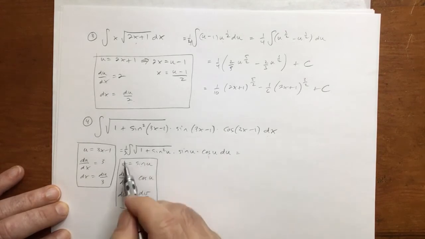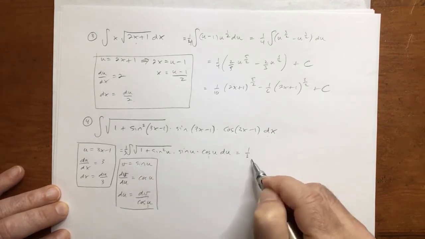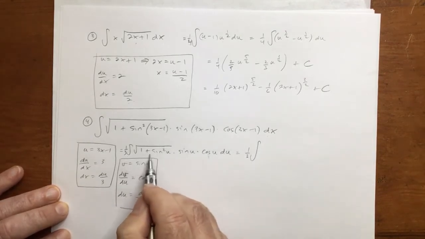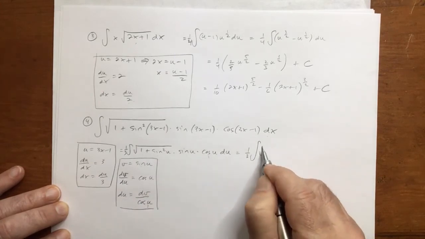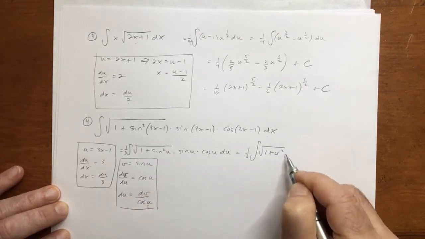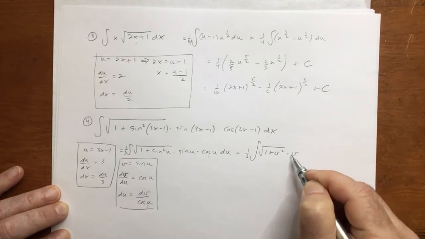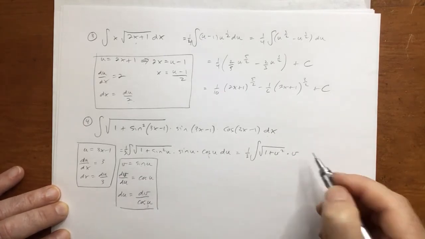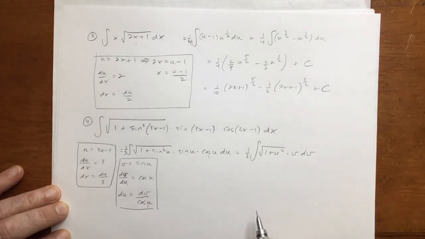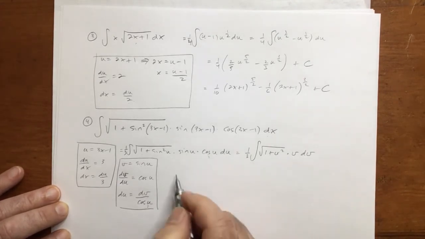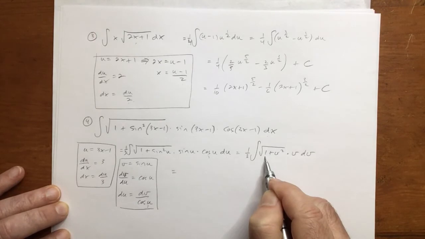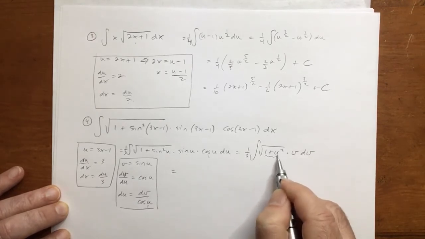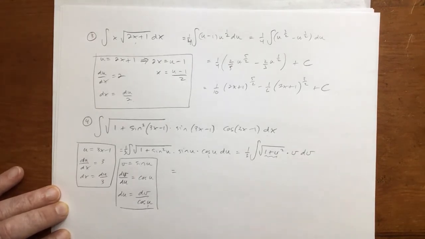So I'll continue this now. I have the 1/3, and then I have the square root of 1 plus v squared times v, and then these cosines reduce, I'm not going to write that, dv. Okay, and now I see that if I were to derive this, I'd get a v somehow in there.